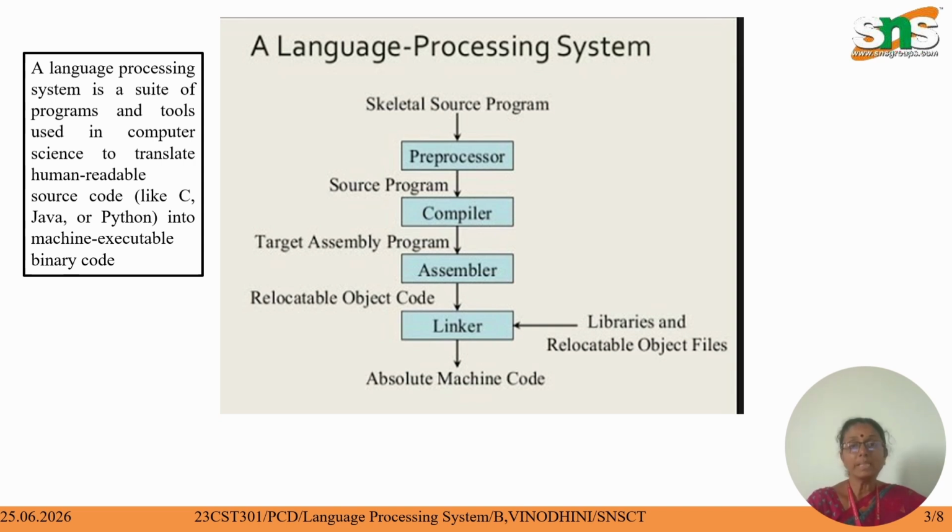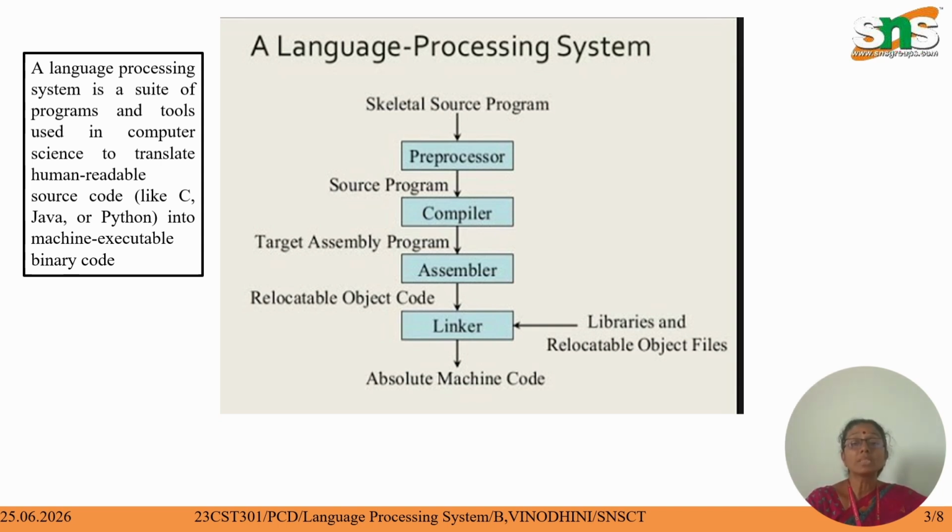After that we get the absolute machine code. That machine level language program is loaded into the operating system by the translator loader. After the linker, the loader gets the machine level language program and produces the executable file as an output.